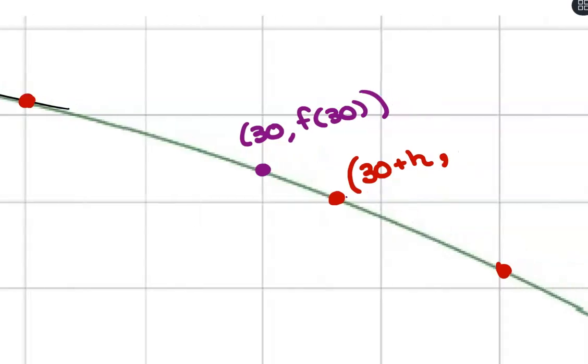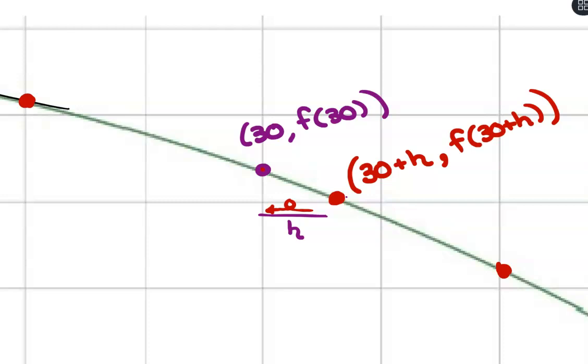Then I want to evaluate the function output there. If I think about the rate of change between these two points, with this horizontal distance of h, I want to see what happens as I shrink that distance down to 0. It can't equal 0, because if we're landing right on that spot, everything becomes undefined. But we want to get infinitely close to 0, and that's where our limits come in.